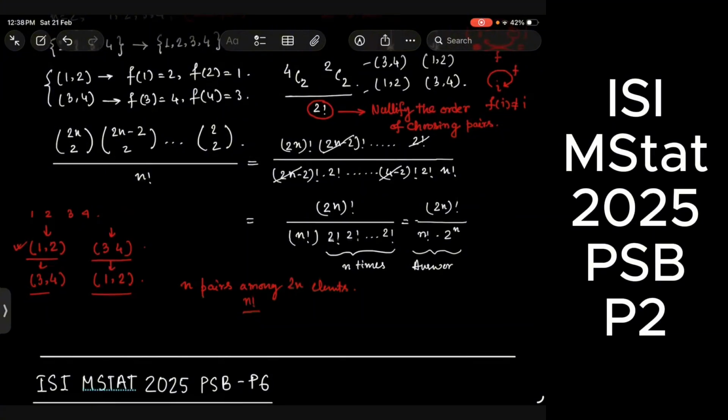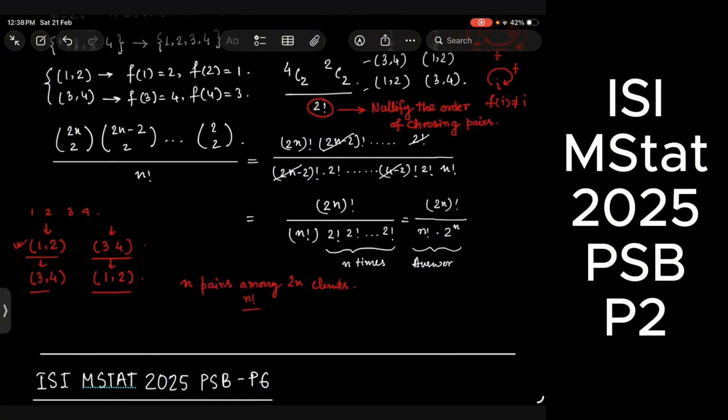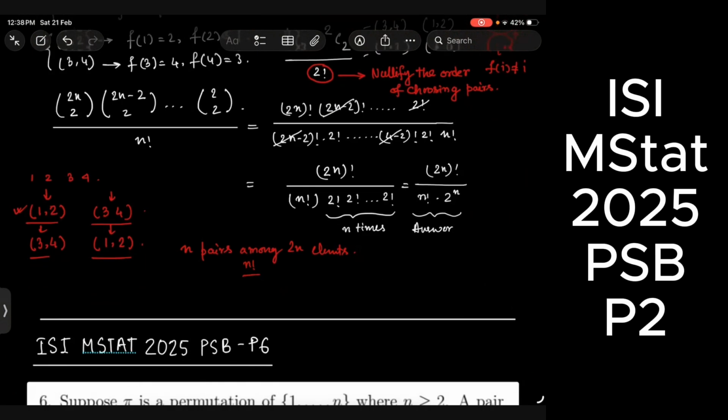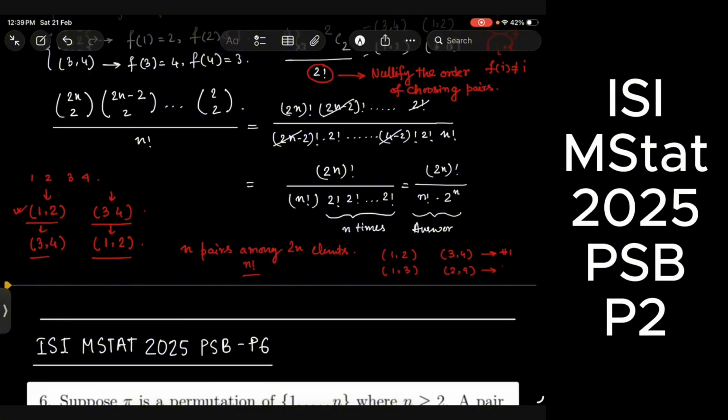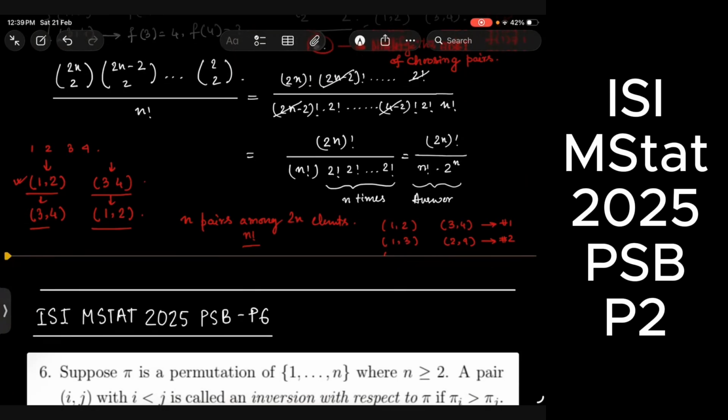So we have to choose any two, right? How can you choose? First you can choose 1, 2, and then 3, 4 will be your automatic choice. This is number 1. And then 1, 3, then 2, 4 will be number 2.